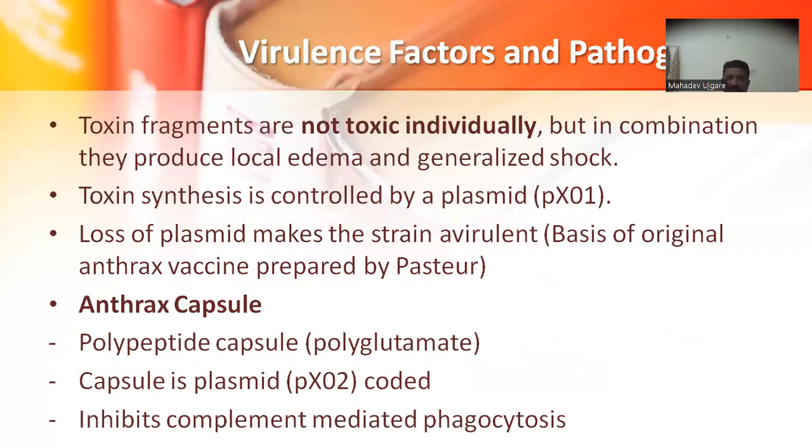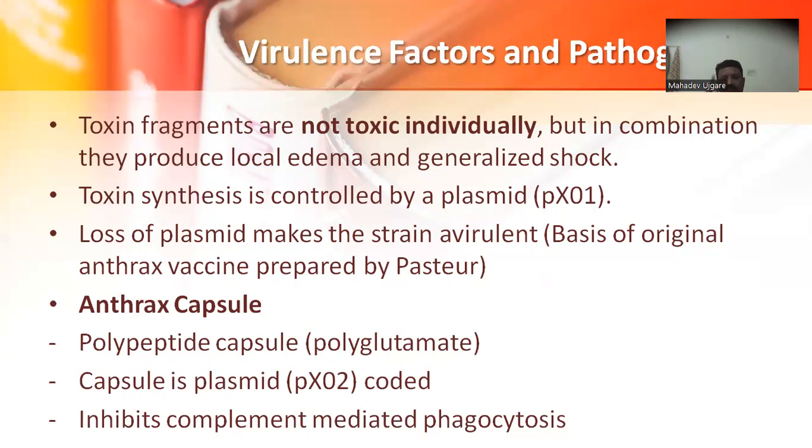Now these toxin fragments are not toxic individually, but in combination they produce local edema and generalized shock. This toxin synthesis is controlled by plasmids, and loss of the plasmids makes the strain avirulent, which is the basis of the original anthrax vaccine prepared by Pasteur.